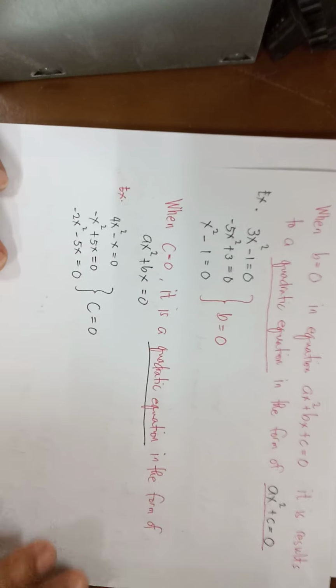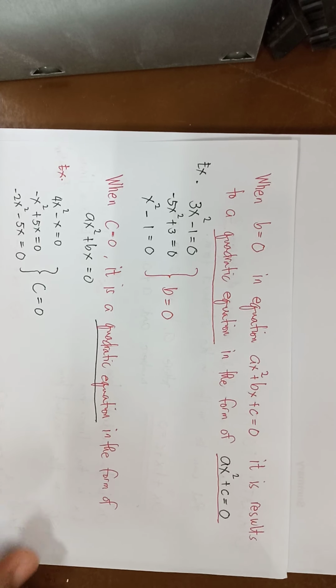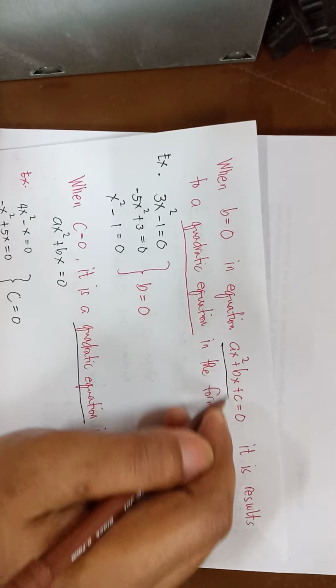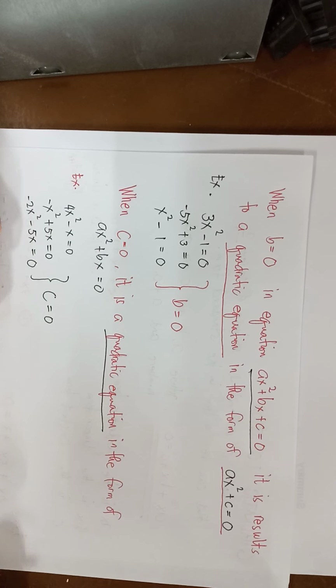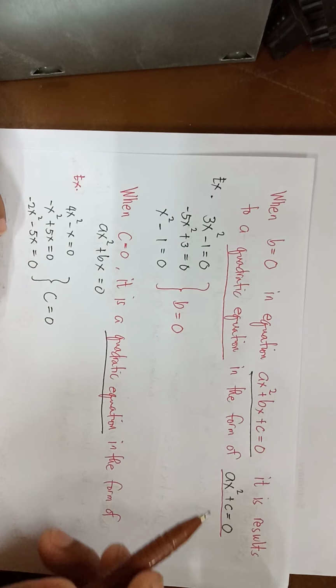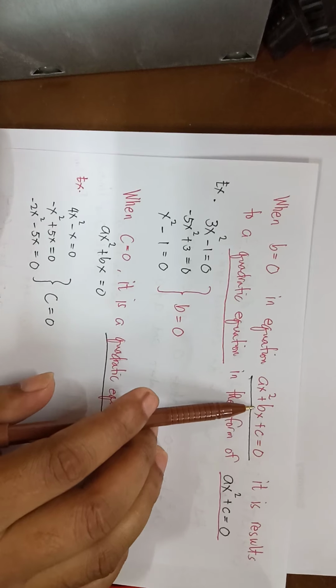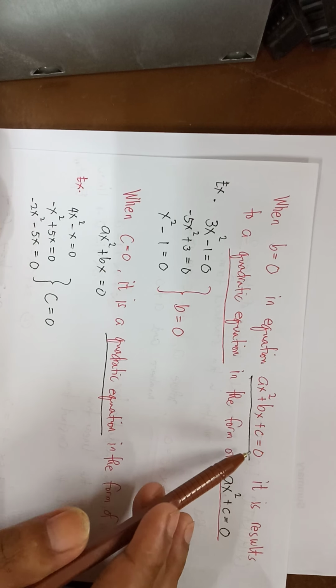Now moving on. When b in our equation ax squared plus bx plus c equals 0 is 0, it results in a quadratic equation in the form of ax squared plus c equals 0.